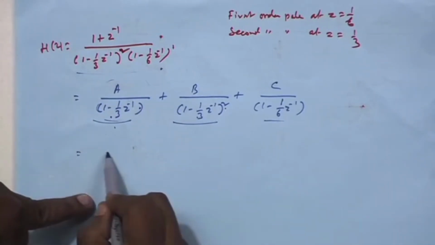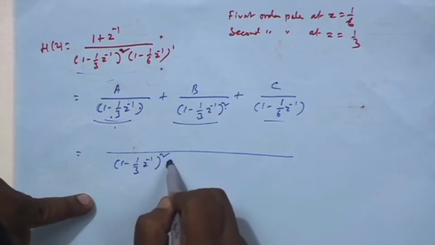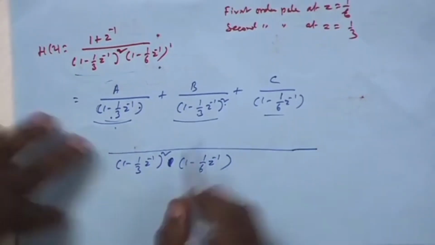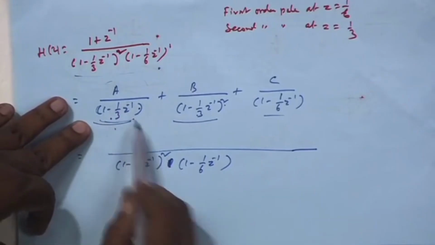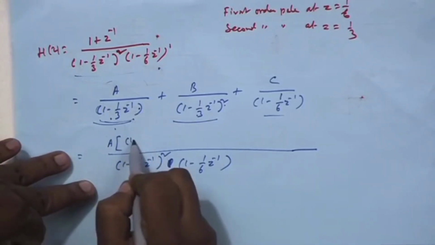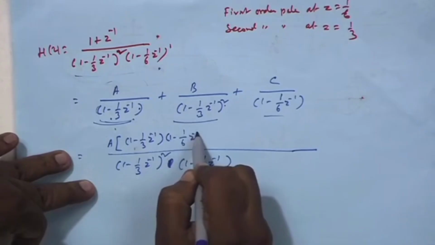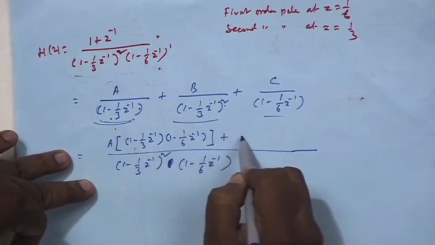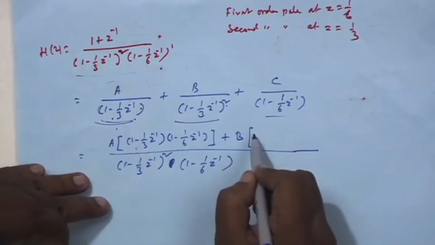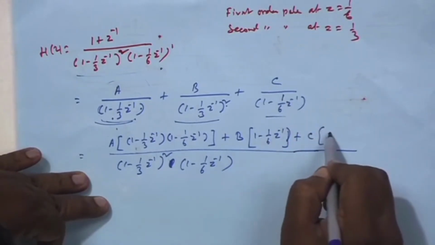If you add them, what will happen? If you take 1 minus 3 z inverse out, you will be getting A into this; then B, if you take this out, it is just this; and C, if you take out, C into this.